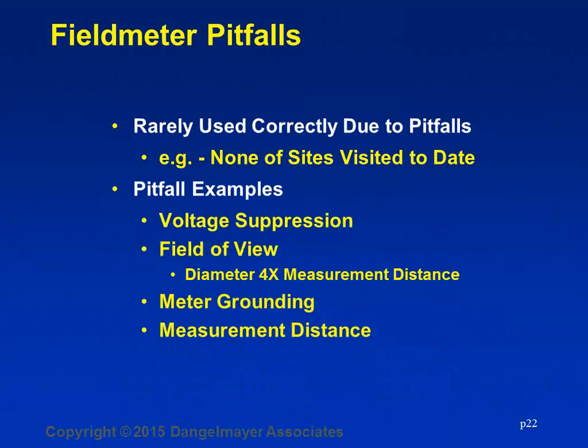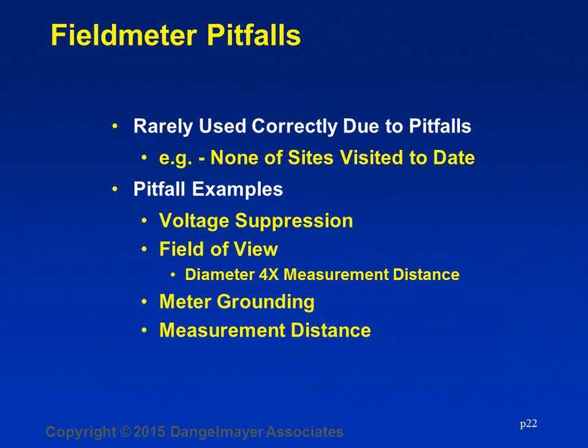Examples are voltage suppression. If you're measuring items while they're sitting on your workbench, you're likely to have a faulty, or I should say incorrect, representation of the risk. It would tend to look like things are much better than they are.